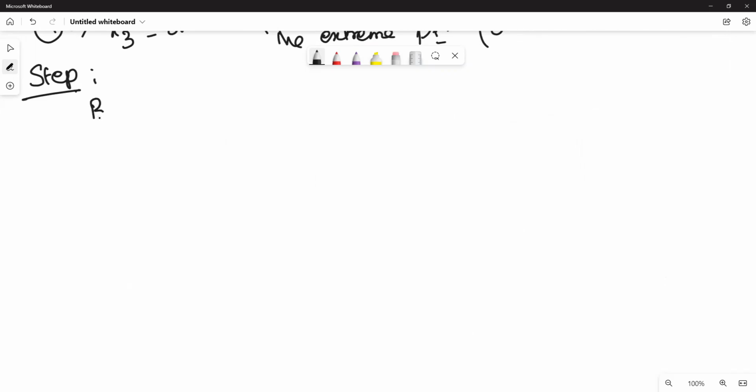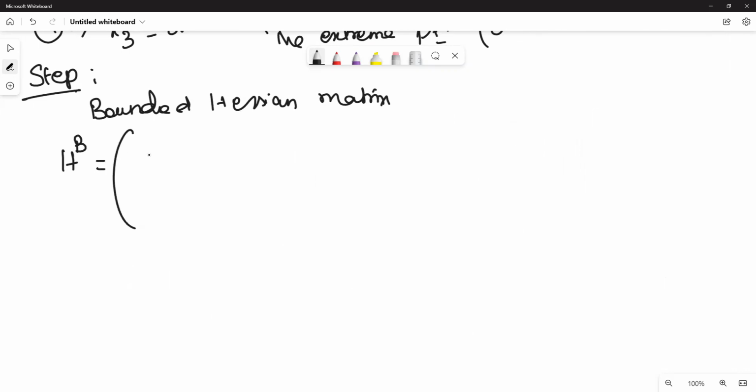What is the bounded Hessian matrix? The bounded Hessian matrix is denoted as HB, which is nothing but the block matrix: O, P on top, and P transpose, Q below. Here O is nothing but a 0 matrix, a square matrix whose order depends on the number of constraints given.